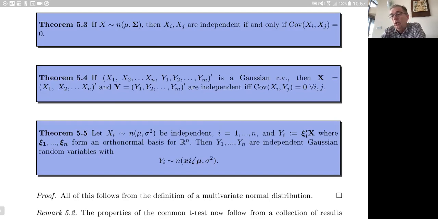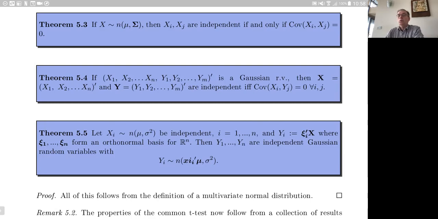You look at the covariance matrix, and you will see that if the n plus m by n plus m covariance matrix has all the covariances between the x and the y zeros, then you have a block diagonal matrix, and again the joint density splits into 2 densities, so that the x's and the y's become independent as blocks.